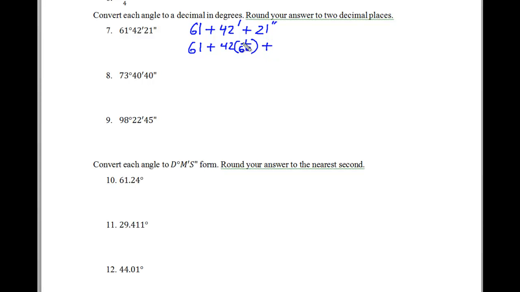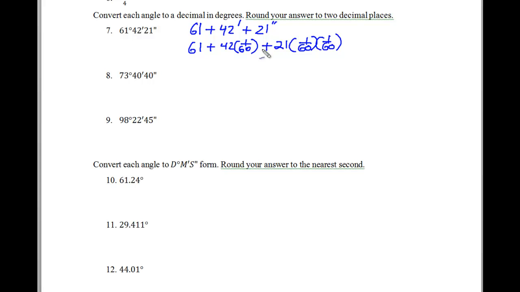Then since a minute is 1 out of 60, seconds would be a 60th of the 60th. So to turn 21 seconds into degrees, I will go 1/60th times 1/60th.